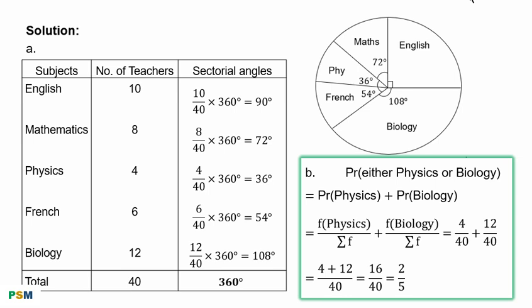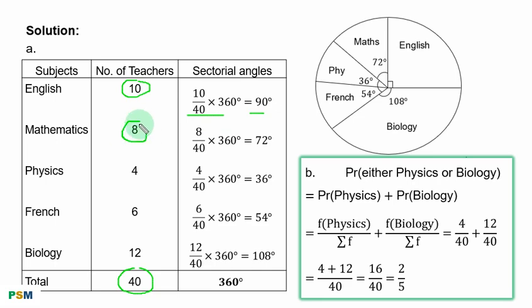A part of the question, you have the given table with the third column sectorial angles. To begin, you add all the teachers and you have the total of 40. To convert 10 to the corresponding angle, you divide 10 by total 40 times 360 degrees. That is 90 degrees.